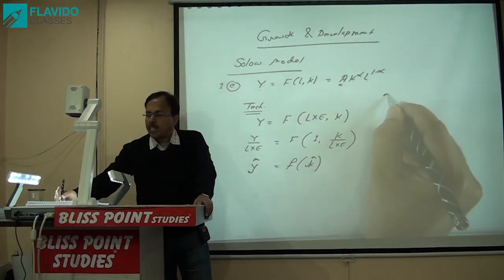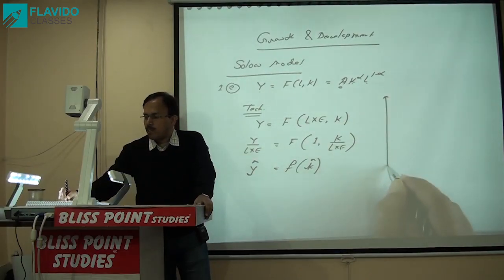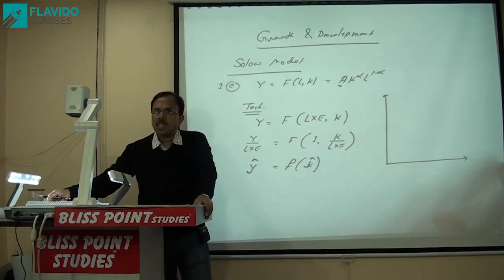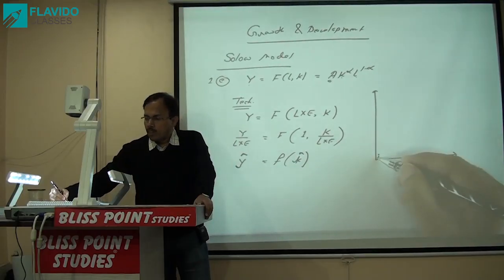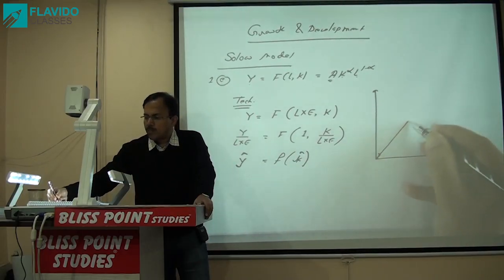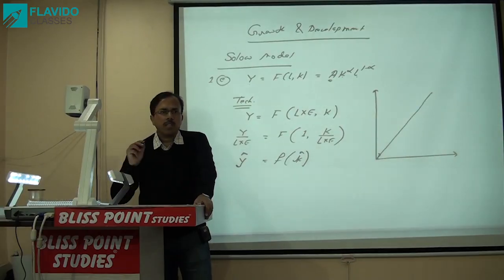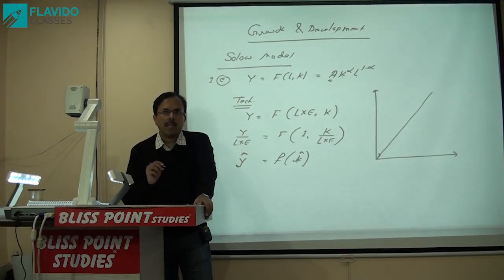When you explain the steady state model, what is the steady state condition here? For a steady state, investment must be equal to break-even investment. And what is the break-even investment? It is that investment which is needed to keep the stock of capital per worker constant.